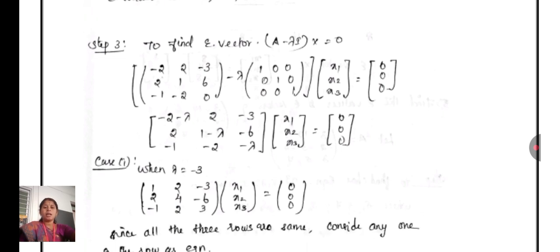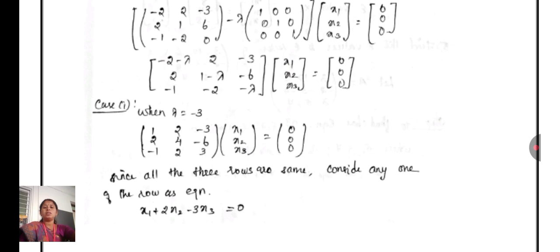Here A is the given matrix [-2 2 -3; 2 1 6; -1 -2 0], lambda is the calculated eigenvalue, I is an identity matrix, x is x1, x2, x3, and 0 remains the same. When we substitute the eigenvalue lambda as -3, we get the matrix [1 2 -3; 2 4 -6; -1 -2 3] times the column vector x1, x2, x3 equal to 0.